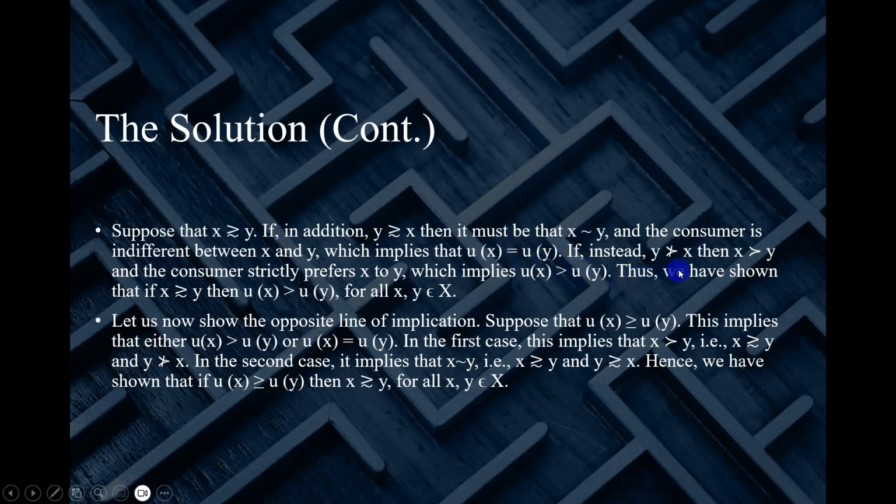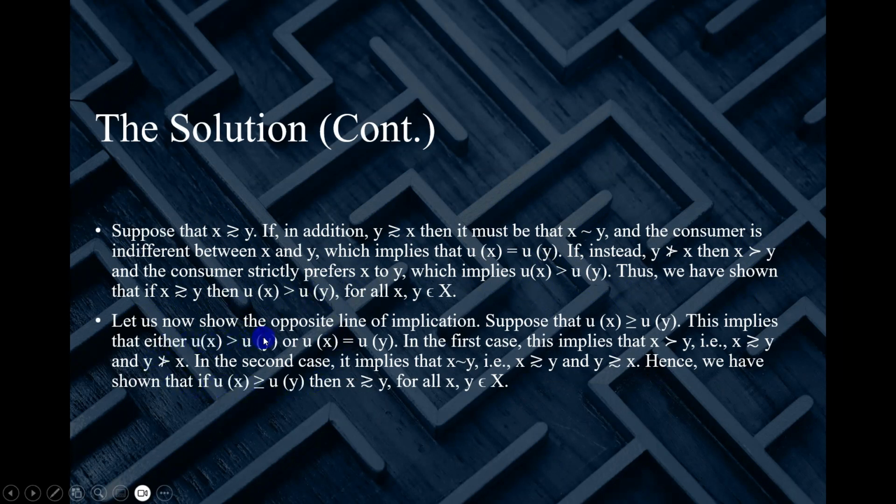If instead y is not preferred to x, then obviously x is preferred to y and the consumer strictly prefers x to y, which implies utility of x is greater than utility of y. Thus, we have shown that if x is at least as preferred as y, then utility of x is greater than or equal to utility of y.